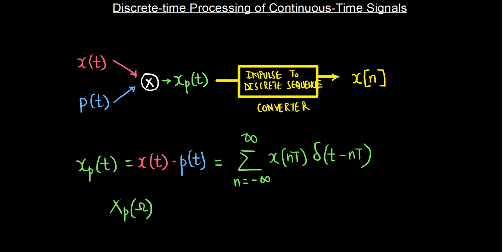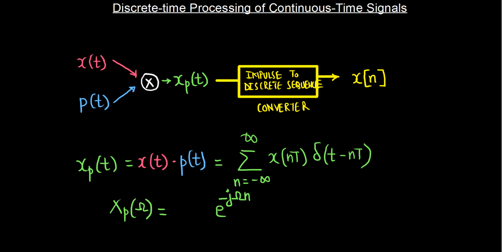So xp of omega, that means the Fourier transform, is going to be, just because x of nT is a scalar, it can be taken outside. And this one here, delta of t, has the Fourier transform as 1, and the shifted version of delta is going to have the Fourier transform as the exponential to the power minus j omega nT. And yes, the scaling factor x of nT will be there.